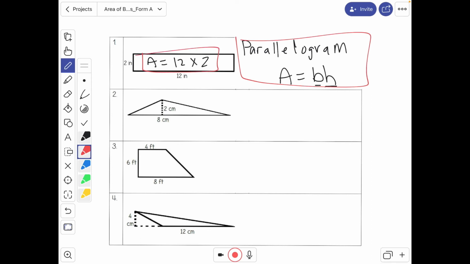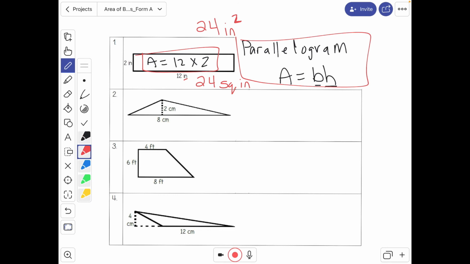So 12 times 2 would make 24. And it's area, and area is squared, so you can either write square inches, or you can just write 24 inches squared, if you know how to do that in the computer. The little 2 floating means squared.